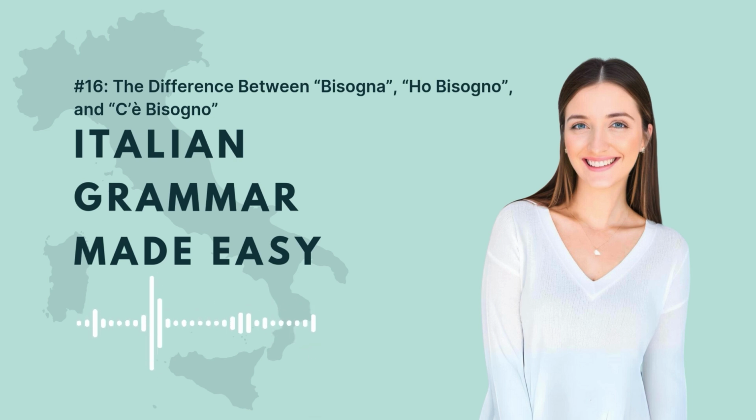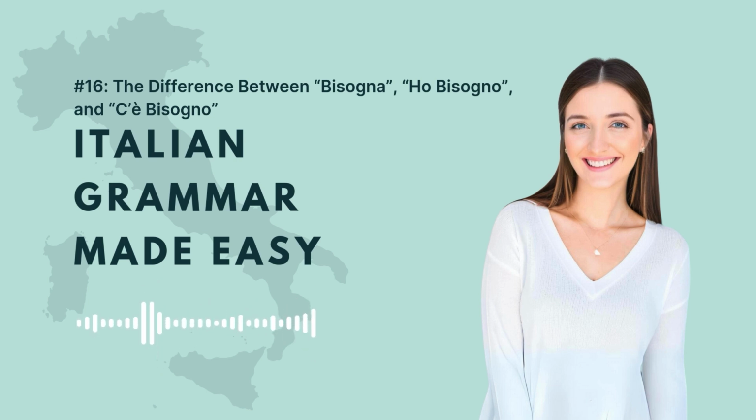When followed by an infinitive, we can say ho bisogno di comprare l'olio. Here we have ho bisogno, di again, and then the infinitive comprare l'olio. I need to buy oil. See?